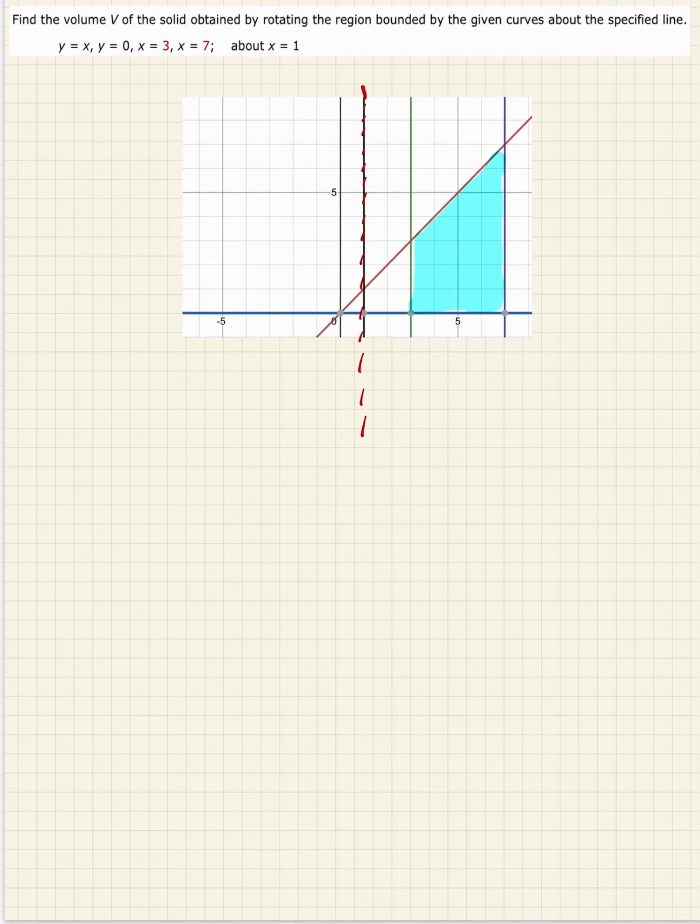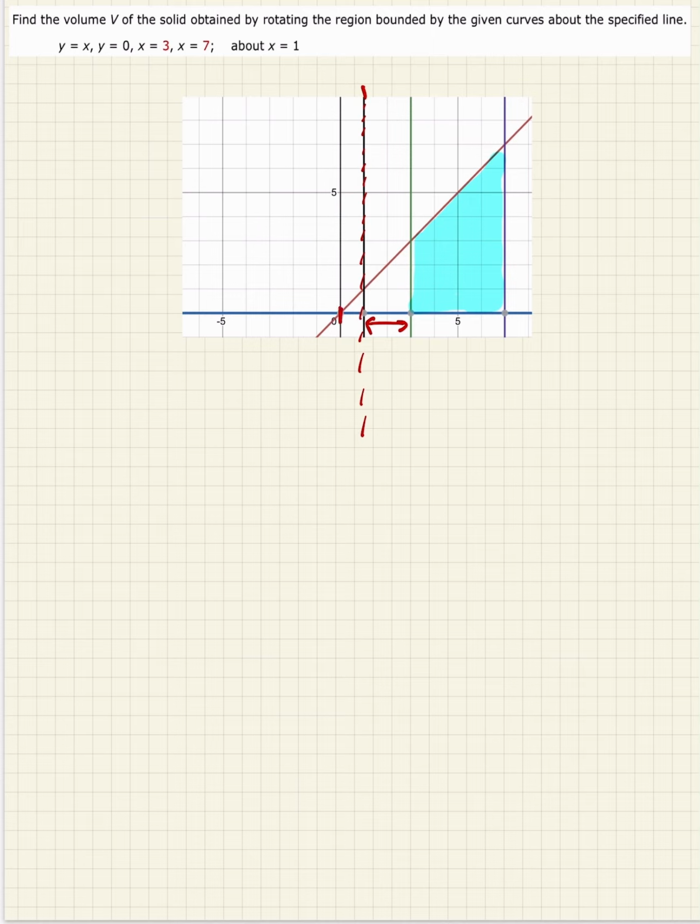And if we think about this distance here from the line x equals 1, which is our axis of rotation, and this vertical line that represents the boundary of this shape, it's 2 units away from our axis of rotation.